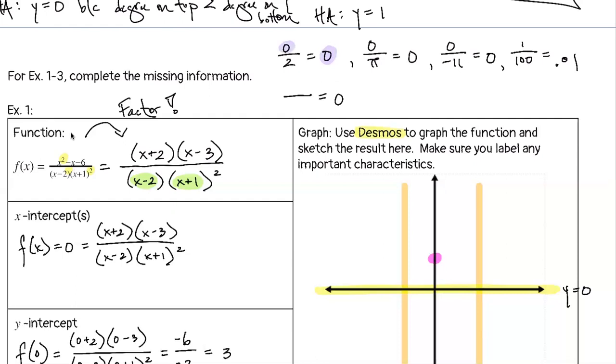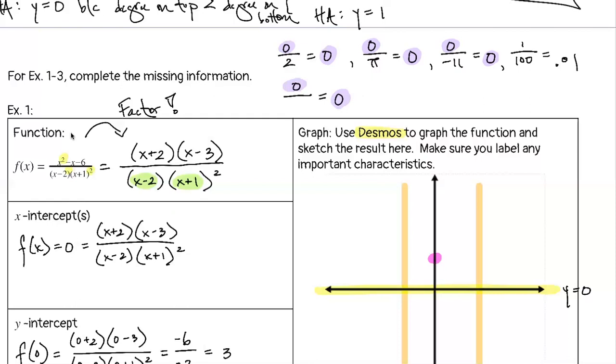Well, our numerator had to be 0. When we divided anything else on the top, even if it was a small number, we didn't get 0. So the only way you can get 0 out of a fraction is you have to have 0 in the top. Okay.